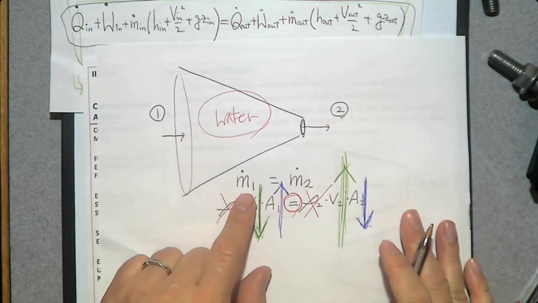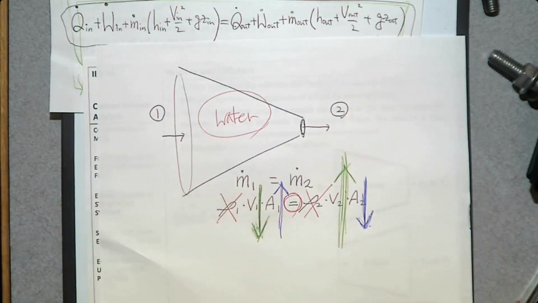Because of this conservation of mass principle, if you squeeze the end of the water hose, the water velocity goes up because of that. Any questions? So that is a nozzle.